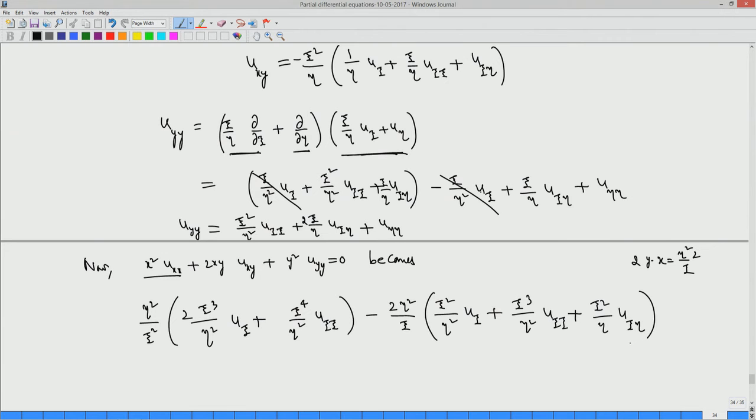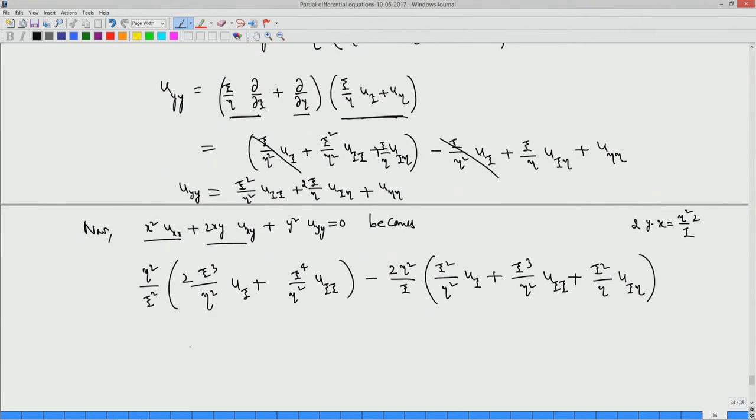That is my second term. Now, combine with y square, that is eta square into u y y. U y y is here. So, you have xi square by eta square u xi xi plus 2 xi by eta u xi eta plus u eta eta of this, equal to 0.